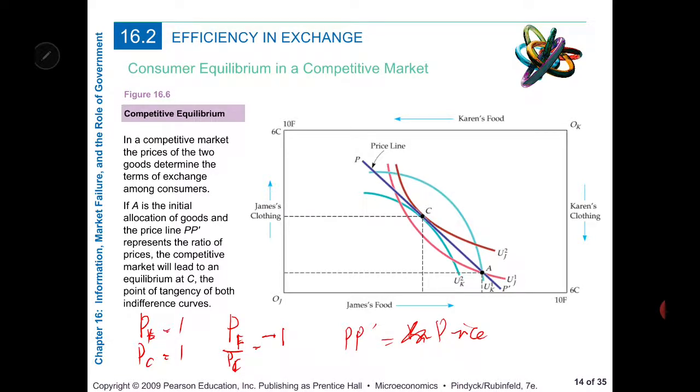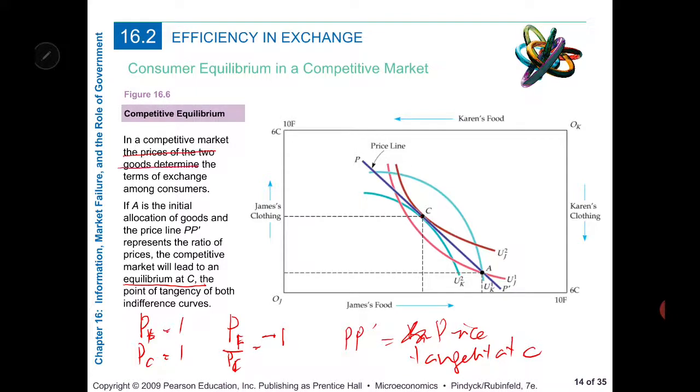Yeah, the price ratio line. And since it is also tangent to the two indifference curves, Karen's and James's, at C, tangent at C, we say this is an equilibrium.